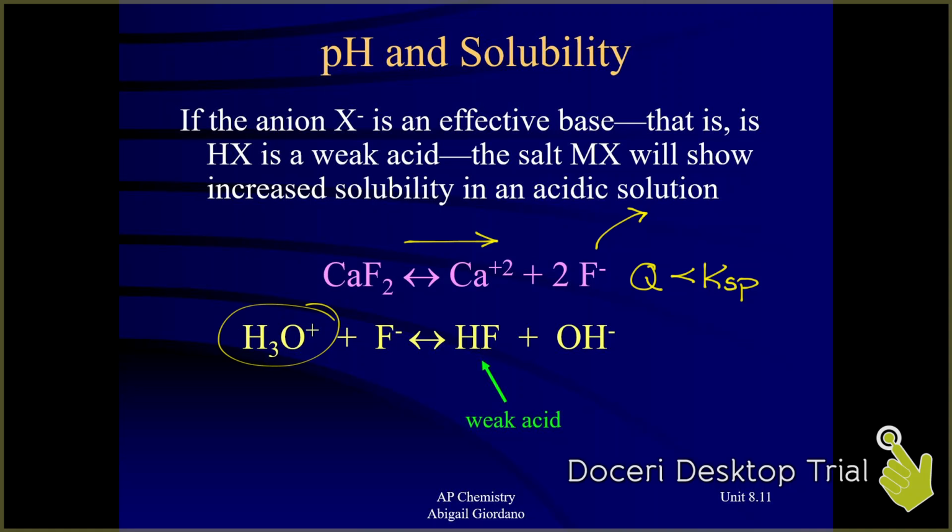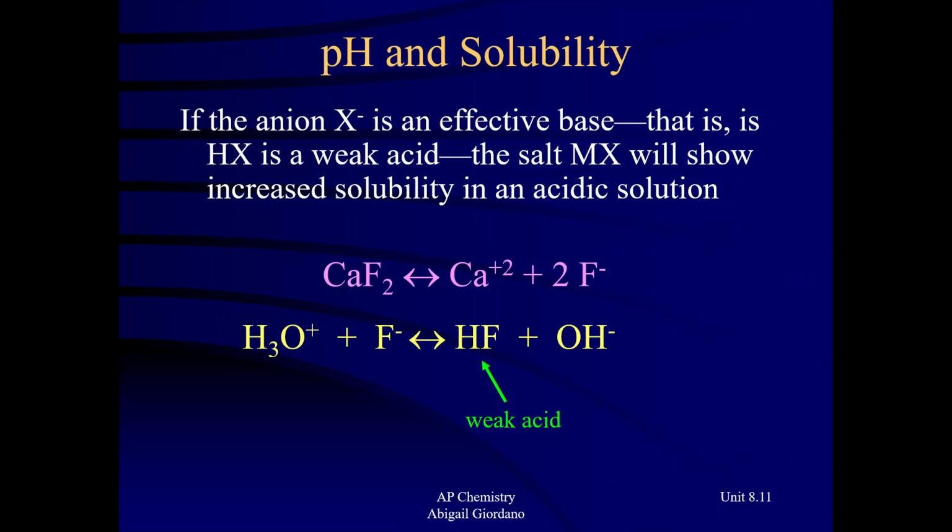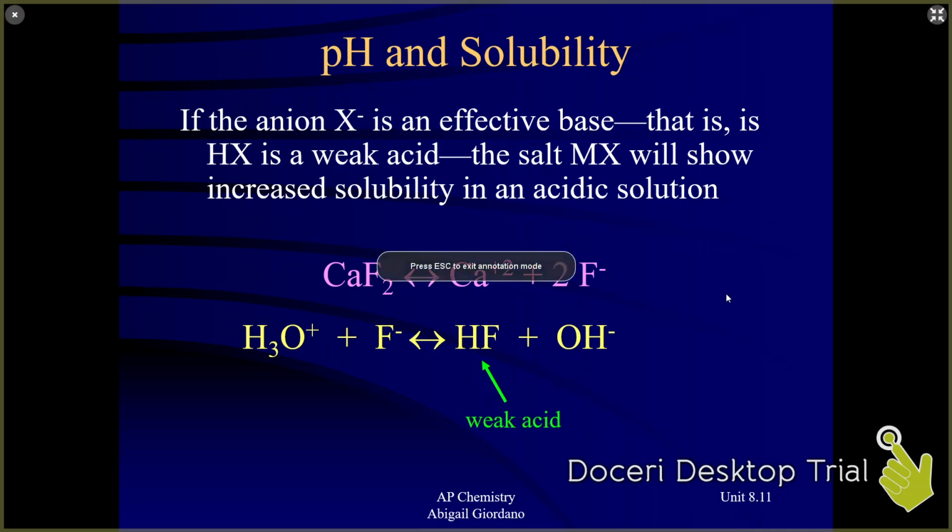Sometimes you'll see questions that will ask you, is this salt more or less soluble in an acidic environment? Justify your answer. If any of you are wondering, what if it was in a basic environment? Well, if you think about it, what would be present in high amounts in a basic environment? That would be OH-, right?